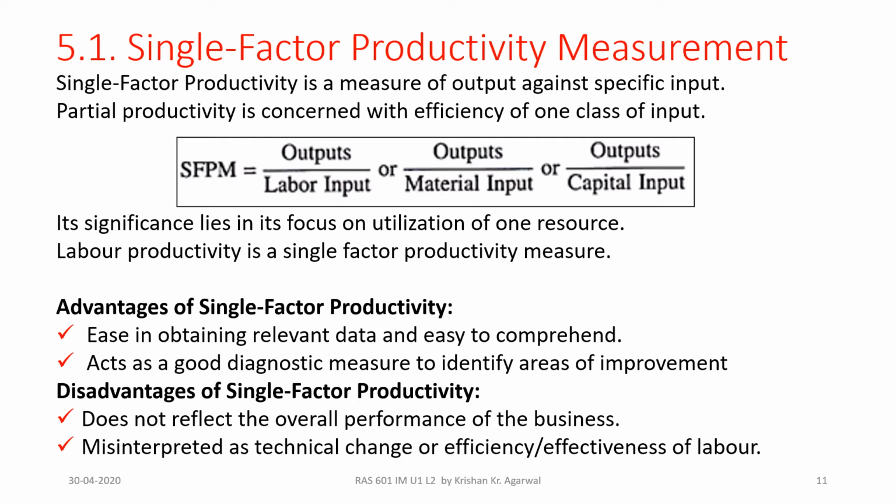Like you can see the formula over here in the slide, it's output to the single factor as labor. It may be material or it may be capital taken into consideration for calculating the single factor productivity measurement.